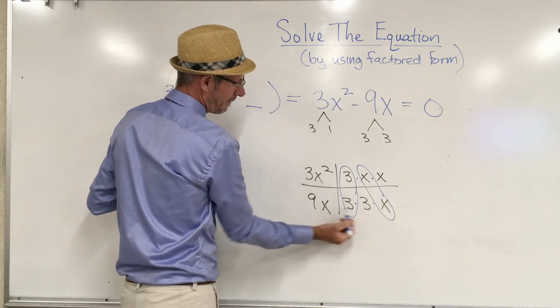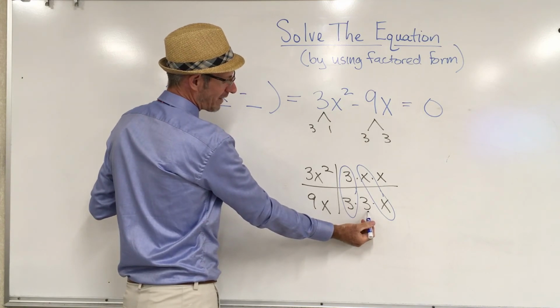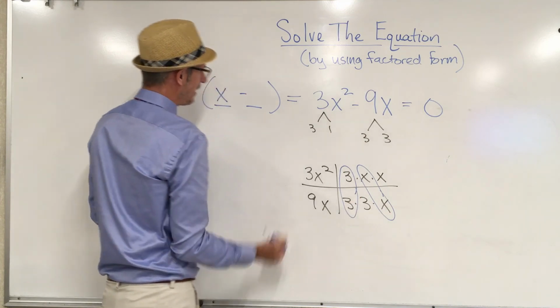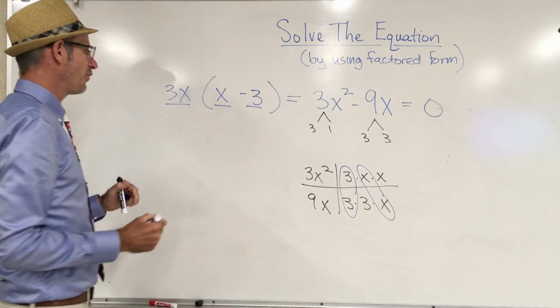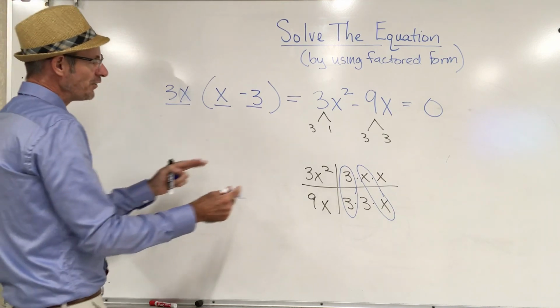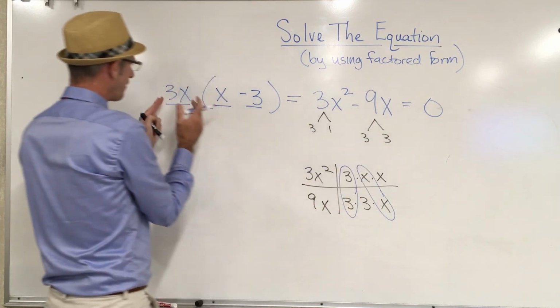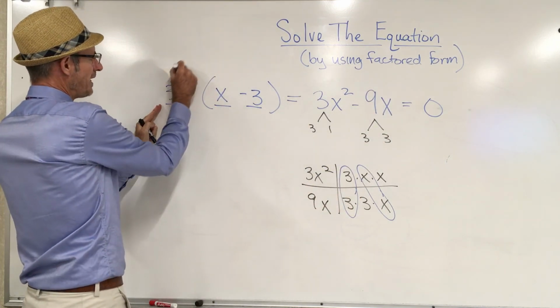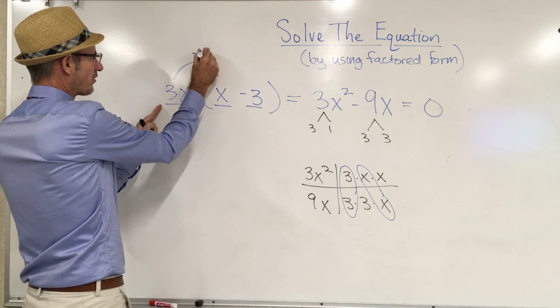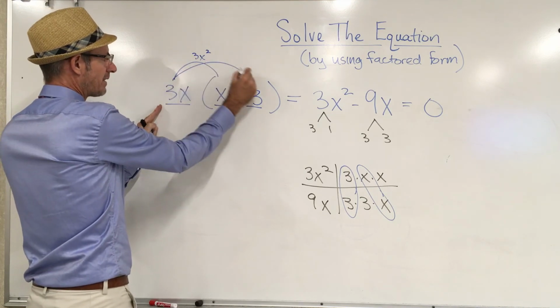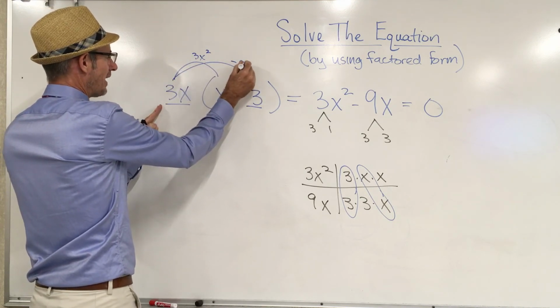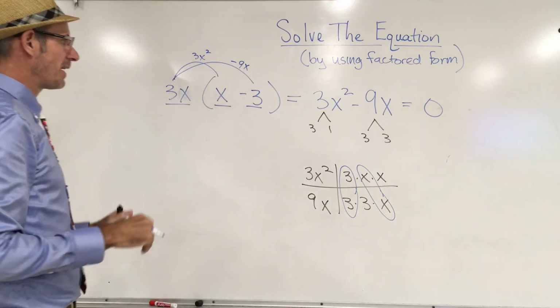Well, it's right on the table. It's the part of the prime factorization that we didn't use yet. So that's going to be 3. So if we take this binomial and we take out the greatest common factor, 3x times x is 3x squared, and 3x times negative 3 is negative 9x. We have the problem done correctly.